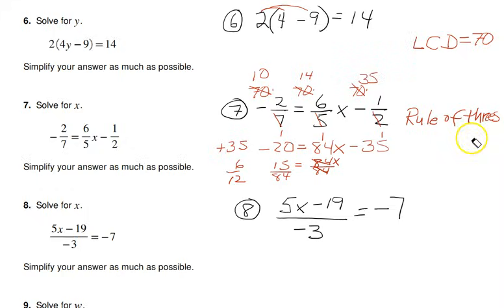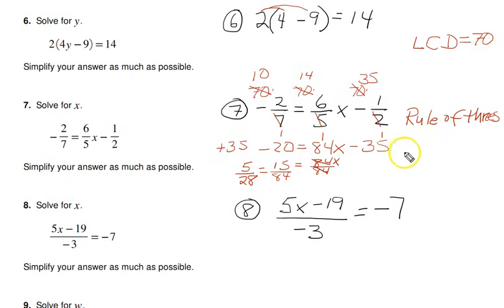So let me erase this part here. 3 will go into 15 5 times, and 3 will go into 84 28 times. So our final answer then is x equals 5/28. Now if you put this in there, they'll count it incorrect. But when I look at your work and see that you've done all this, you just didn't simplify it, I give you lots of partial credit.